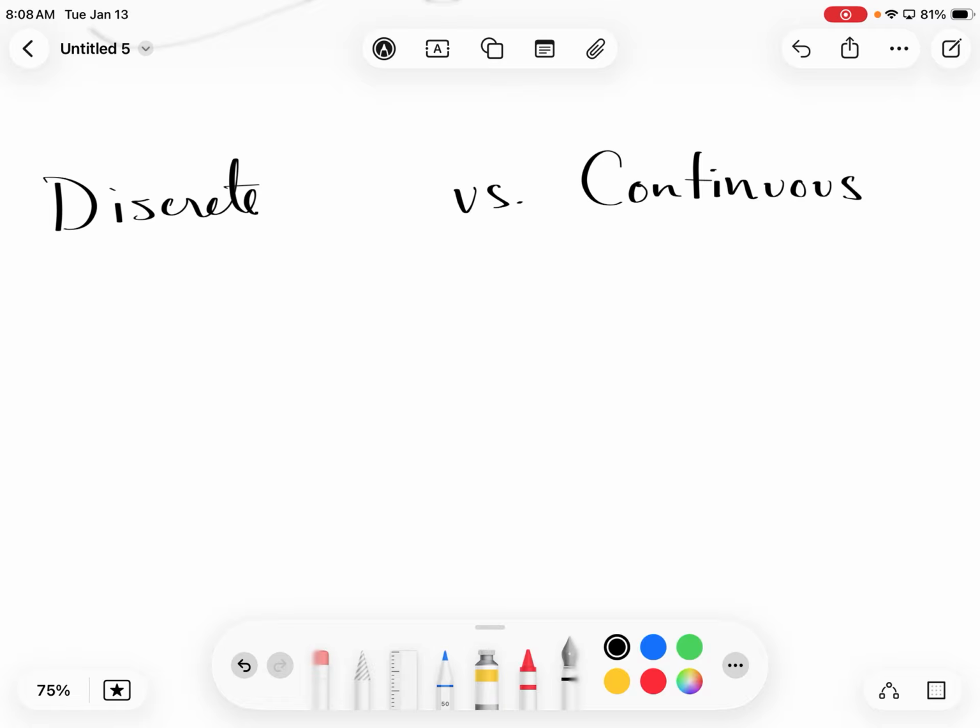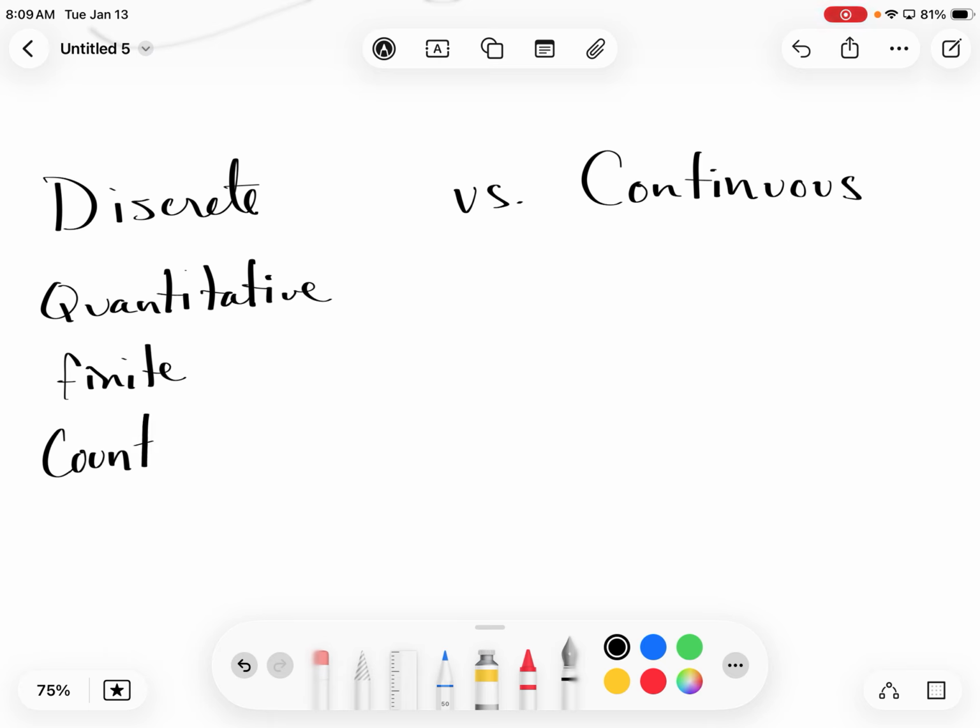And the word finite means that it's a countable thing, a start and a stop. And you can count them.